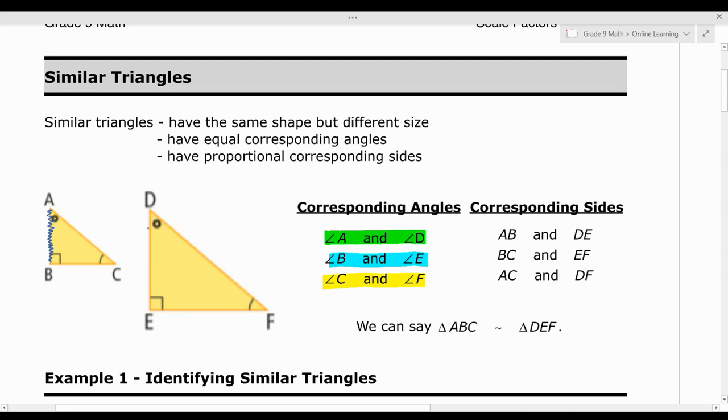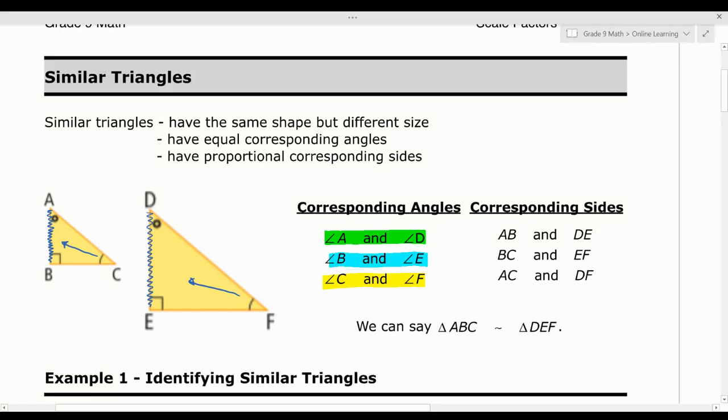On the second triangle, DE just means from D to E. The reason why these are corresponding is you'll notice that both of these sides, AB and DE, are opposite of that one bent tick mark. So we say that these are connected.